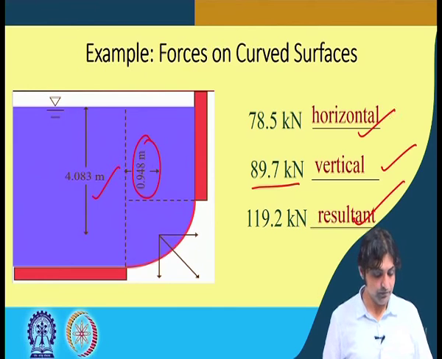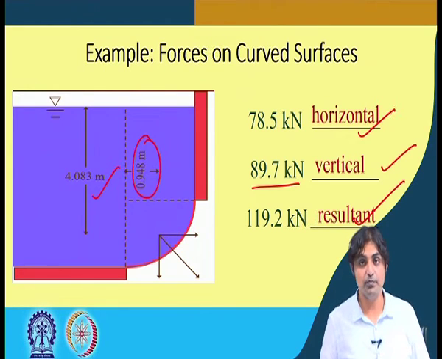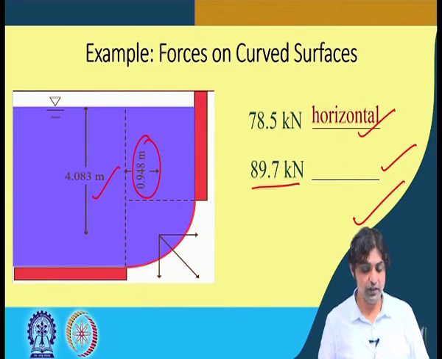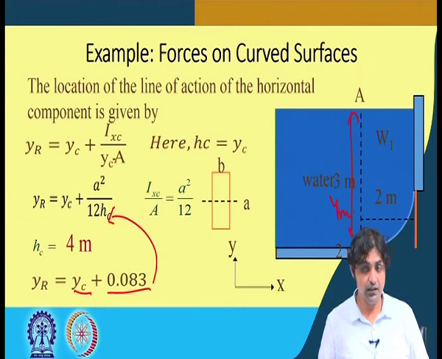So this will give an overall picture of what is happening in forces on curved surface. The trick is that you always use the force balance and the moment balance wherever the curved surface is.